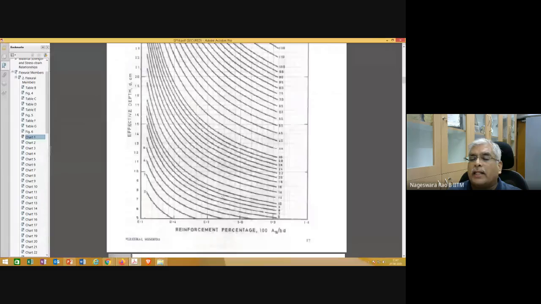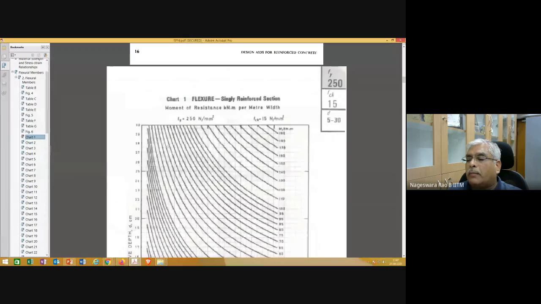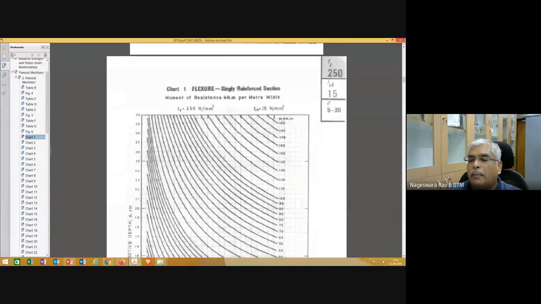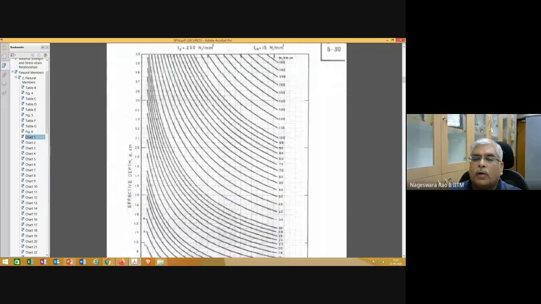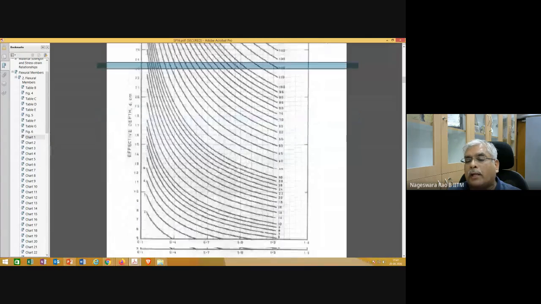So how to read this one? You calculate Mu divided by B and pick the corresponding curve. And you know the effective depth of the section, D. Once the curve is picked and the D is known, or once you know for a given section what the effective depth is, you can read the corresponding percentage of steel.